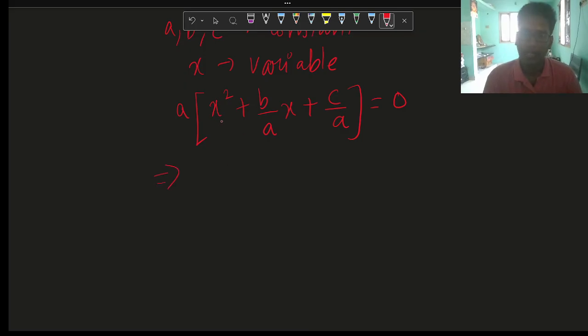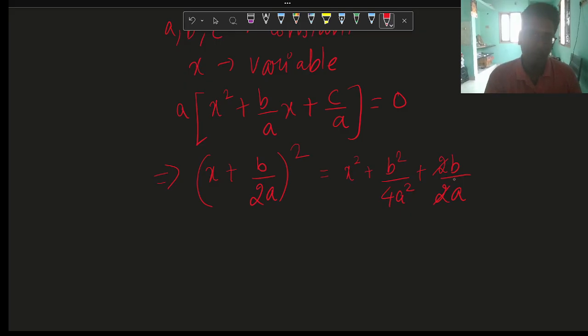I would like to write this as x plus b by 2a the whole square. We all know x plus b by 2a the whole square is x square plus b square divided by 4a square plus 2b by 2a, which would give me b by a.